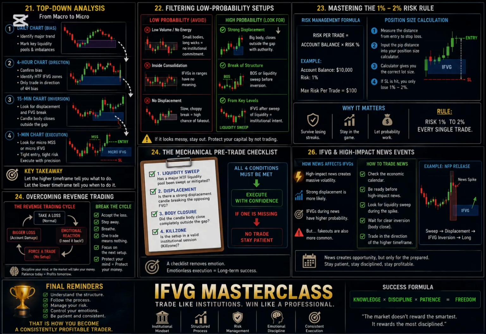Only trade an inverse fair value gap that displays clear, undeniable displacement away from a core liquidity level. If the setup looks messy, confusing or forced, simply step away from the screen. Remember, protecting your capital by not trading is also a highly profitable trading decision.